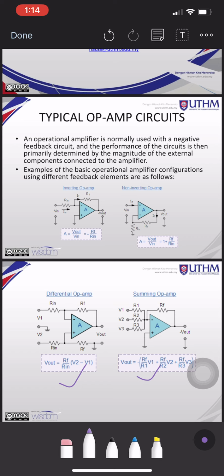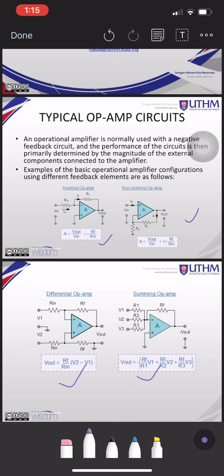For your assignment for this week, I want you to list down the op-amp circuits you can use: inverting, non-inverting, the differential op-amp and the summing op-amp. I want you to explain to me in more detail what the inverting op-amp is, or you choose which circuit you want to explain.